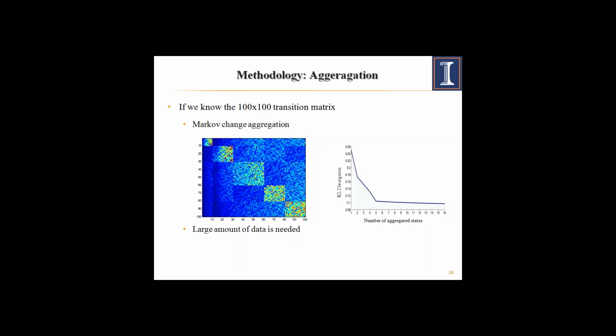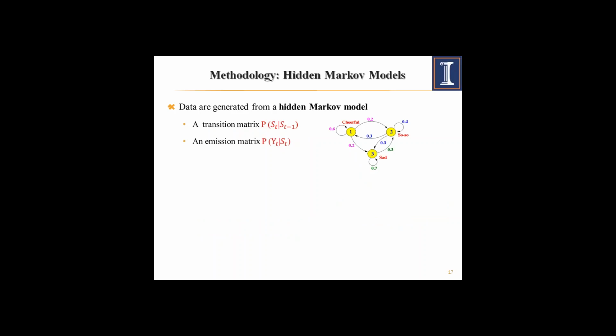But to do this, we need a very large amount of data. So it's not really practical to find the 100 by 100 transition matrix. Maybe we can do something else.